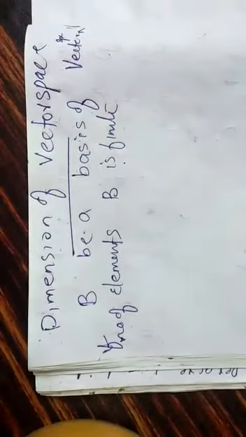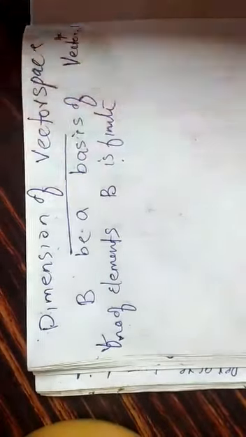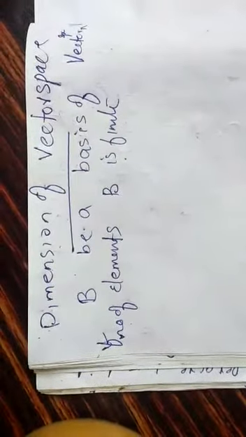Let B be a basis of vector space V. If the number of elements of B is finite, we can say our vector space V is finite dimensional.